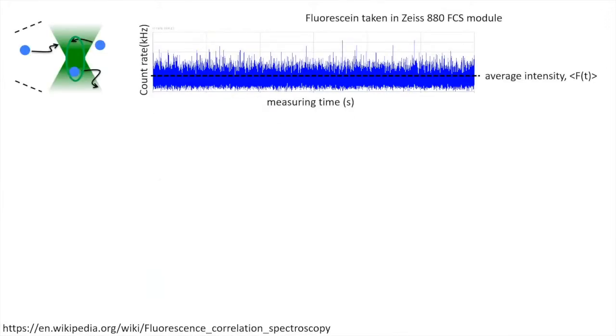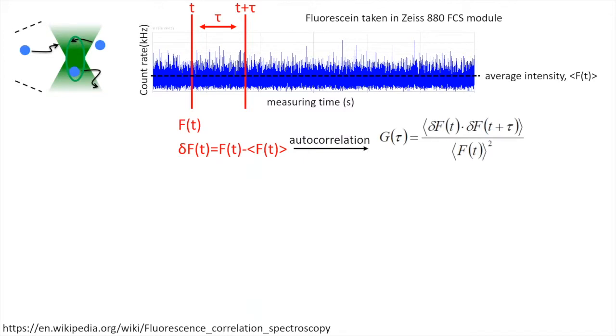To guide you through how to do the calculation: looking at the focal volume of this focal point, you will have a fluorescence time trace, and from the fluorescence time trace, you can get the average intensity. Looking at the fluorescence at each different time point, you calculate the difference between the fluorescence at time t and the average, and you get the fluctuation value at that time point.